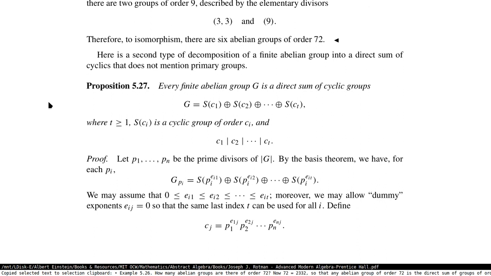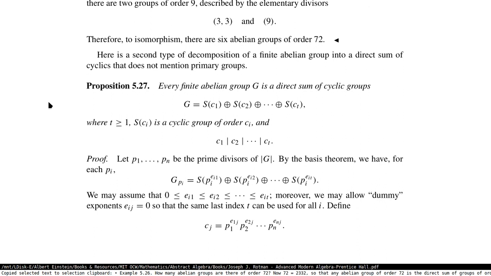Let's say you had something broken down as Z2 cross Z2 cross Z3 cross Z9. He's just observing that since 2 and 3 are relatively prime, we put those together because Z2 cross Z3 is the same as Z6. So Z6 might be our C1 in this list.